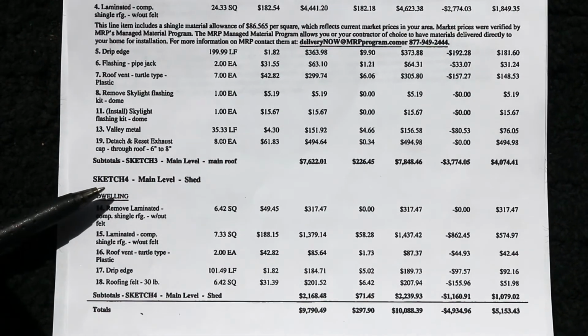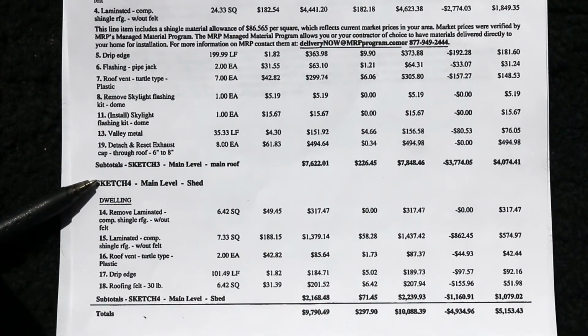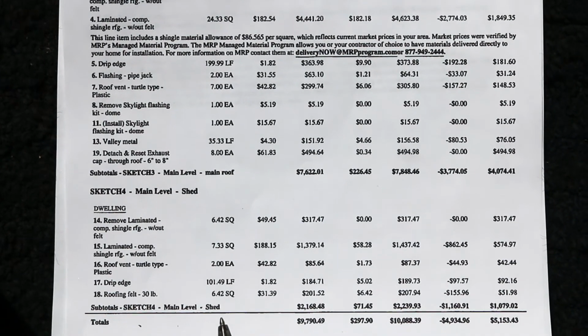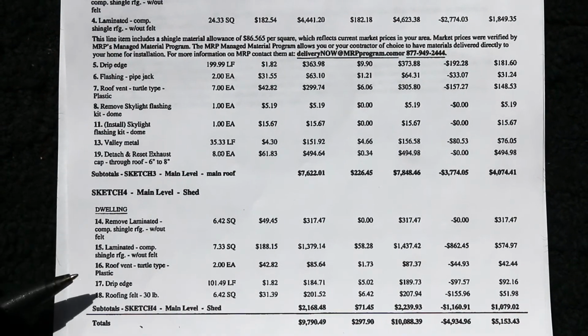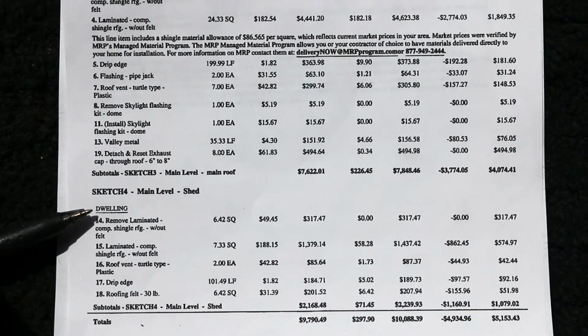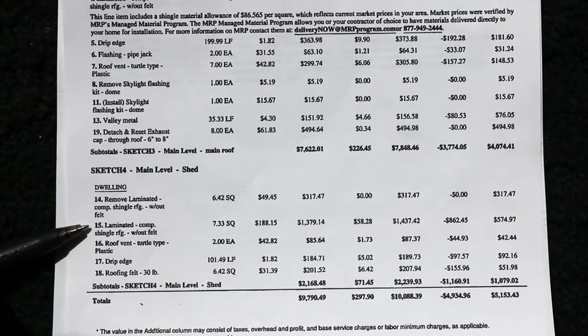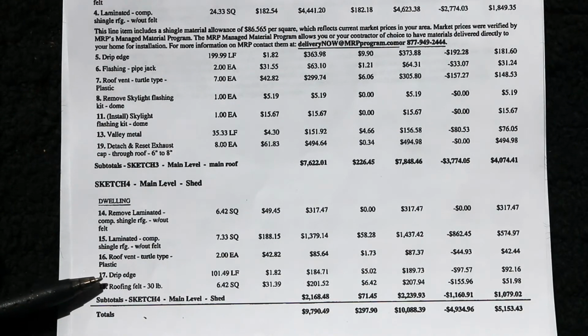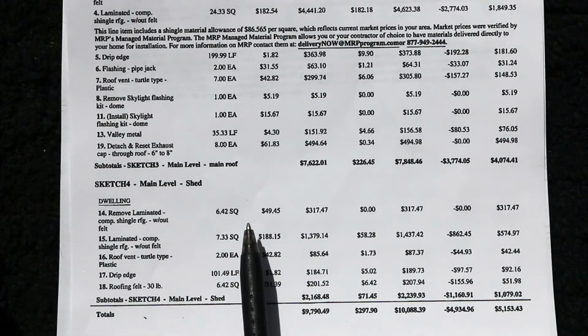If you look down a little bit lower on the claim summary, there's another section that is still a roof replacement, but this time it's not on the dwelling, it's on the shed. So they separated this out and made it a separate section with different line items. You're still removing and replacing the shingles and the vents and the drip edge and the felt, and the items are only referring to the shed.